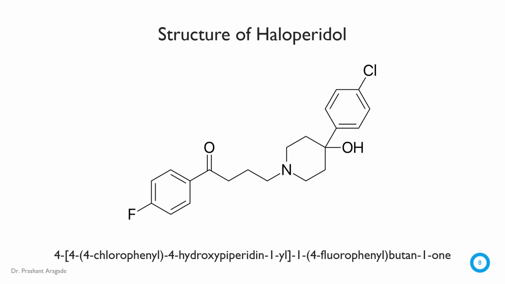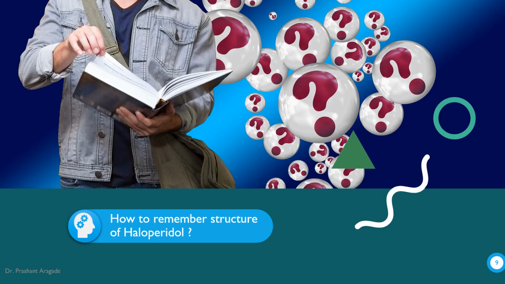So dear students, I am going to share with you tricks and tips on how to remember and draw the structure of haloperidol. It's very easy if you practice it. So let's see how to remember the chemical structure of haloperidol.